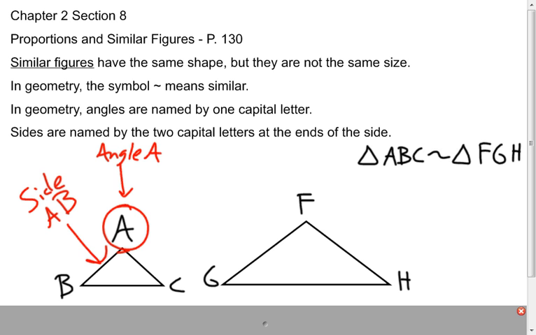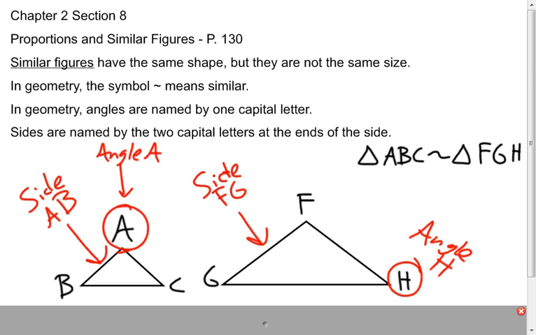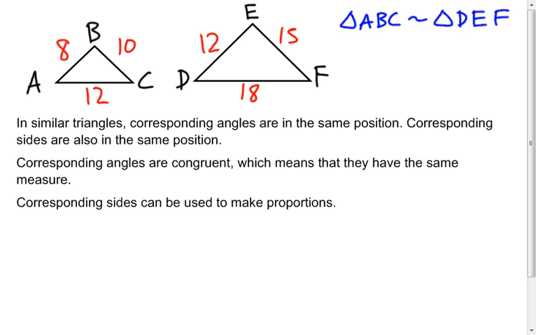Over here, for example, that would be side FG. This would be angle H. So, the little squiggly sign means similar. Angles are named by one letter. Sides are named by two letters. Just a little introduction for you.